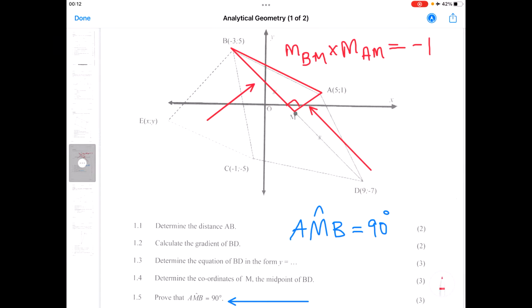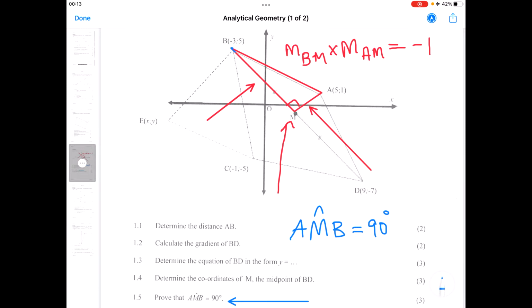That means you do need the coordinates of M in order for you to perform that calculation. But if you remember, on the previous question, we did calculate the gradient of that line.